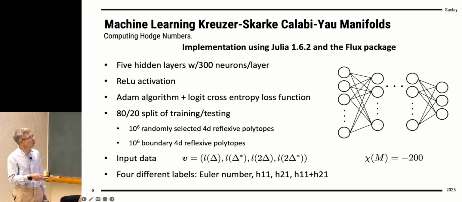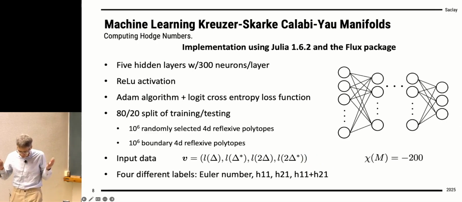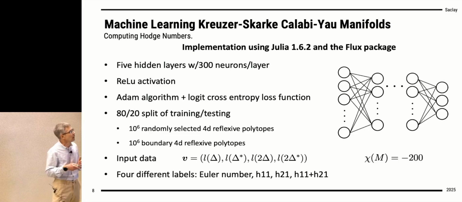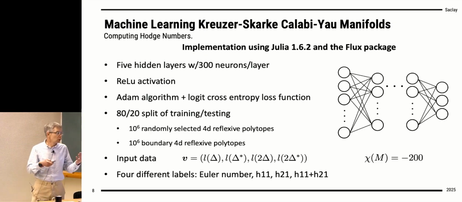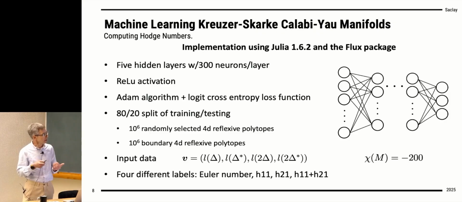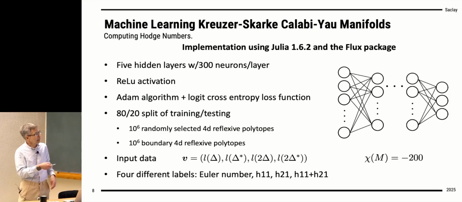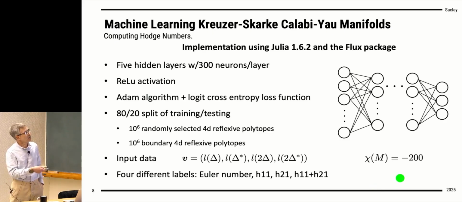So what we do is we know all this information. You might think, what's the point of this exercise? Well, we want to see to what extent you can learn some new information, in a different way, by calculating this topological invariant, the Hodge number, the Euler number.